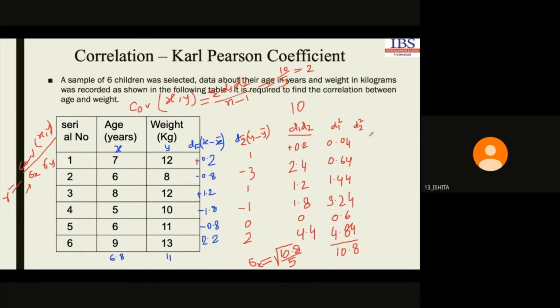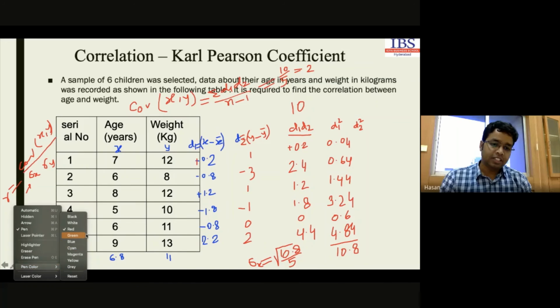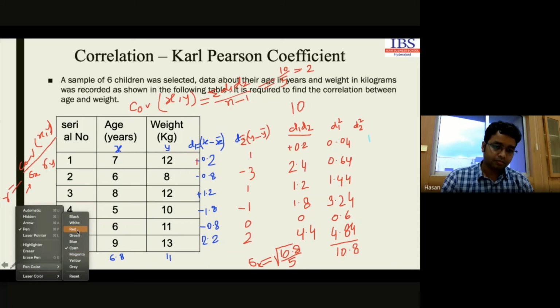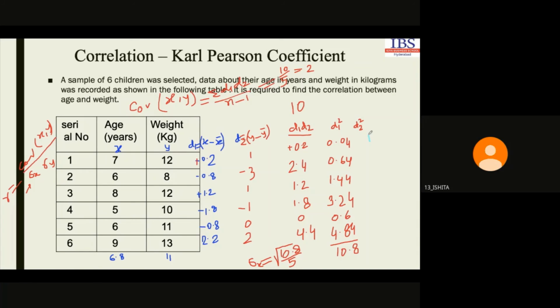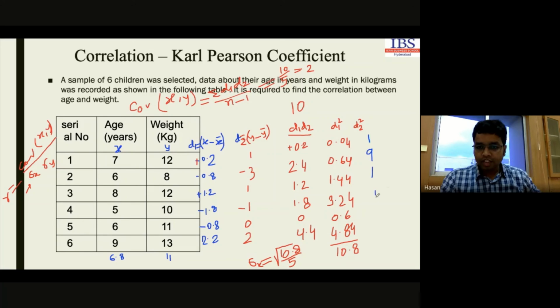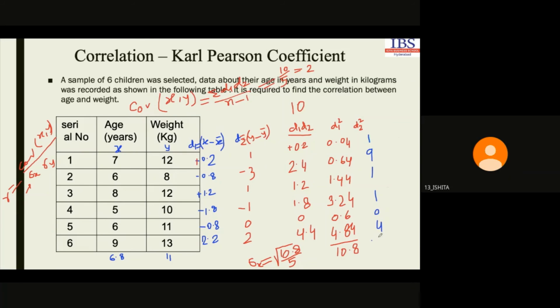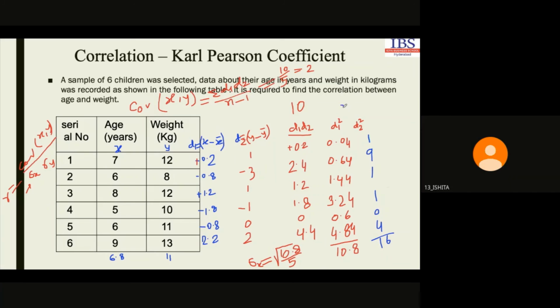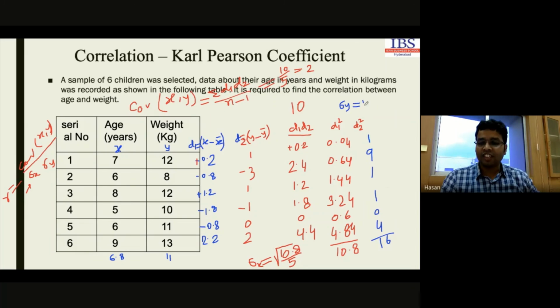The values are 1, 1, 9, 1, 1, 1, 1, 0, 4, 0, 4. Total 16. Then what will be the sigma y value? Root over 16 by 5.